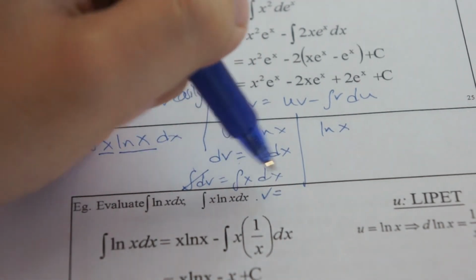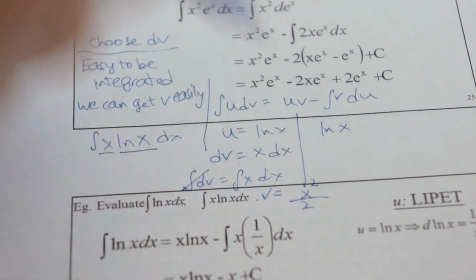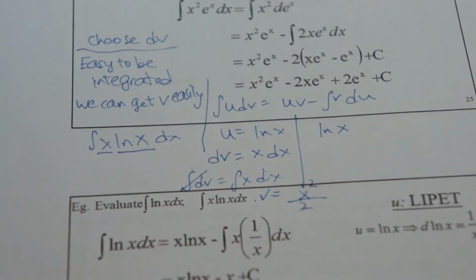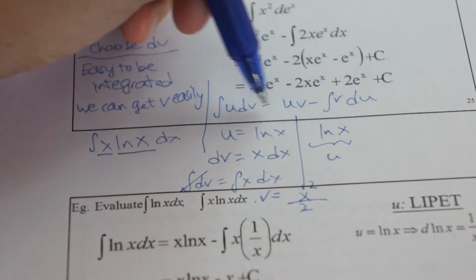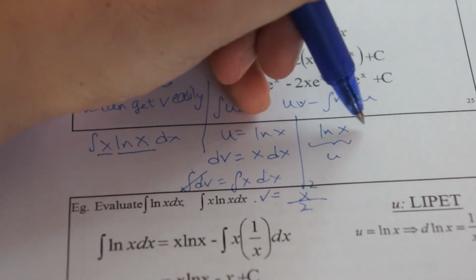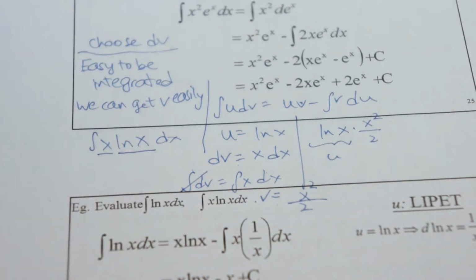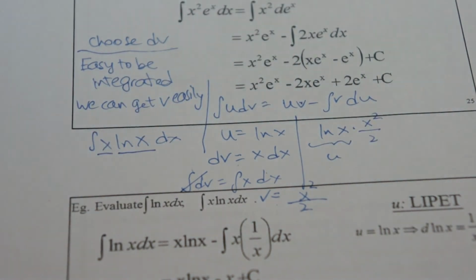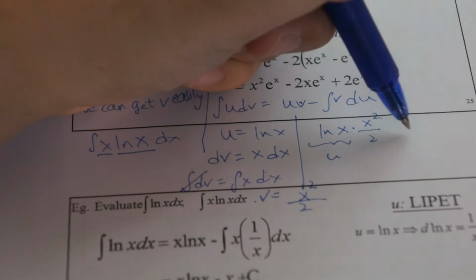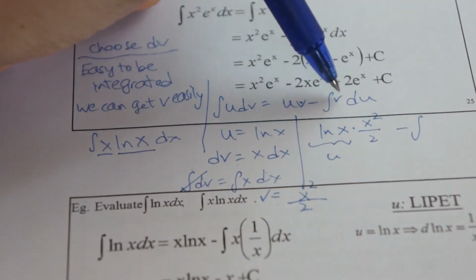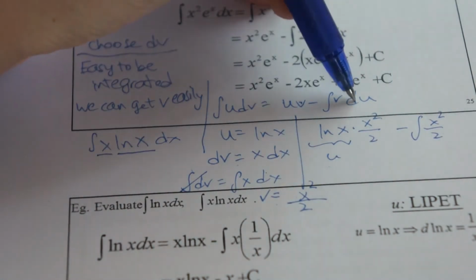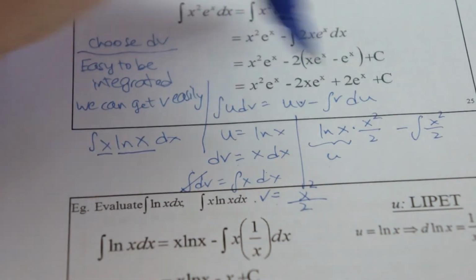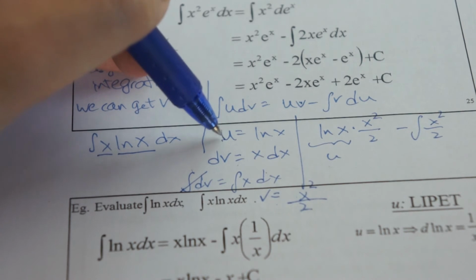While if you integrate x, the answer will be x squared divided by 2. Okay, therefore this is u, right? v should be x squared divided by 2. And the next is minus integral of v, which is x squared divided by 2, and then du, which means that you have to differentiate the u which you already set.